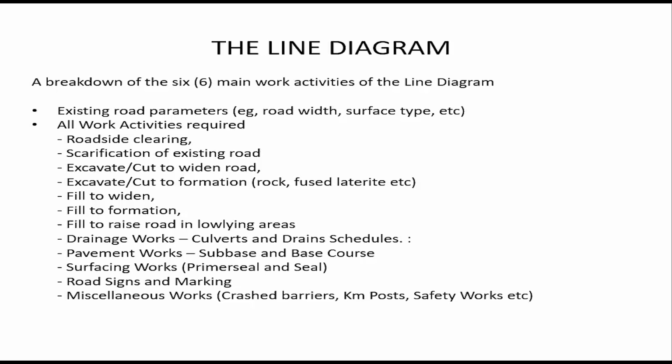And then all work activities required, that is roadside clearing, scarification of existing road, excavation, that's cut to widen or cut to formation in either rock, fuse laterite, etcetera. Or fill to widen, or fill to formation, or fill to raise roads in low-lying areas. These are all part of the earthworks.